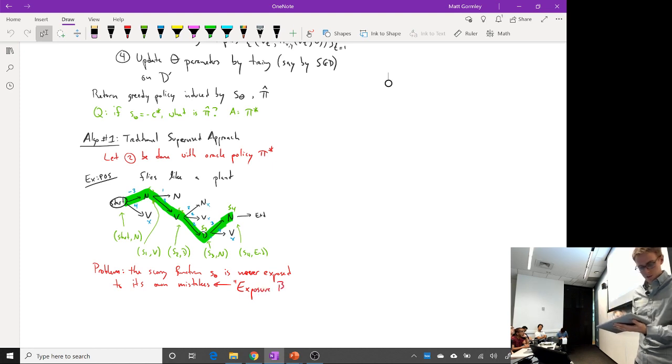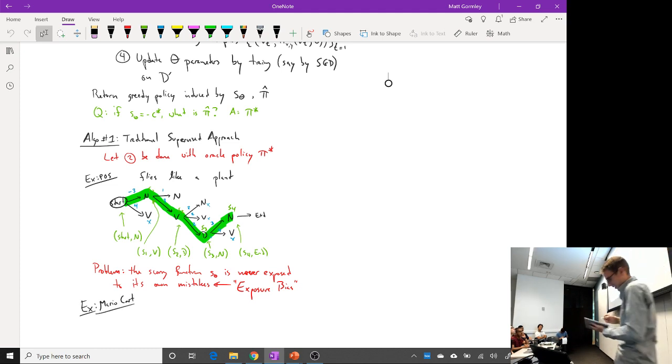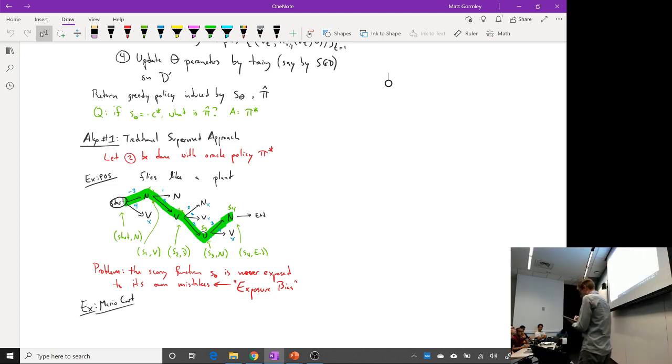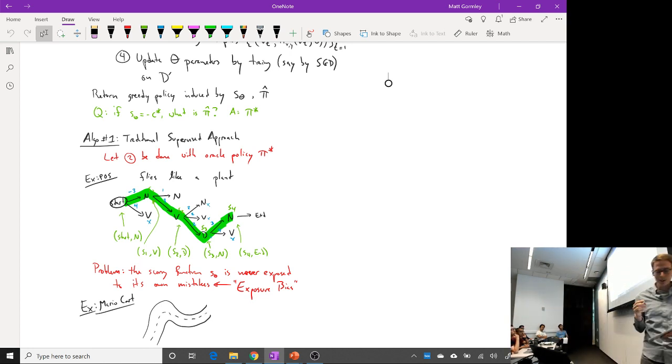And one way to conceptualize this is to think in terms of a totally different example, which is Mario Kart. We'll look at this example in more detail in a moment, but basically you could imagine in Mario Kart, if you wanted to learn a policy that was able to drive a little cart through a course, there's a beautiful depiction of a course, and you could imagine that maybe the oracle policy would just stay in its lane and drive correctly through the road.